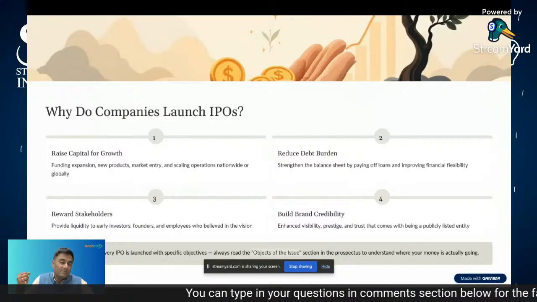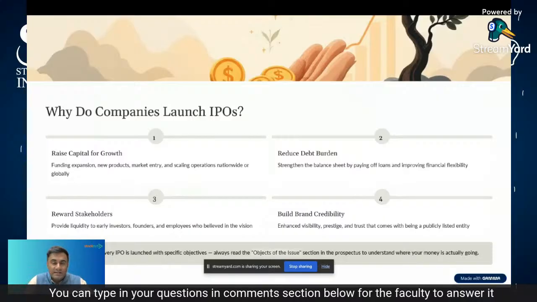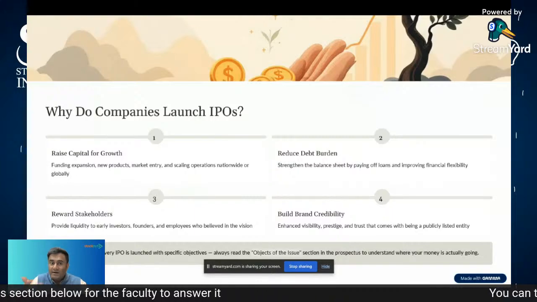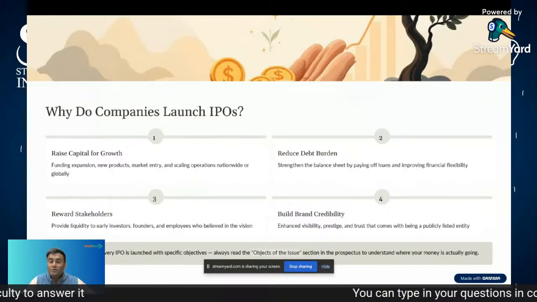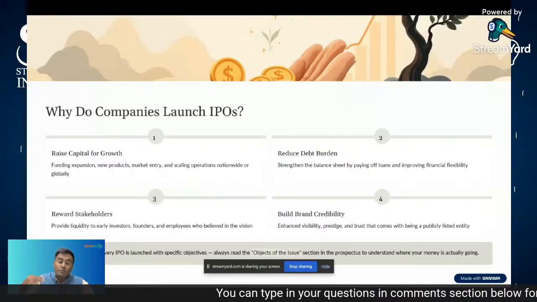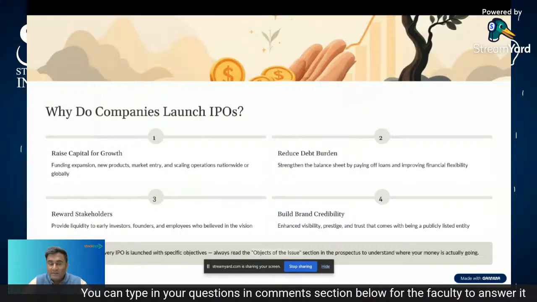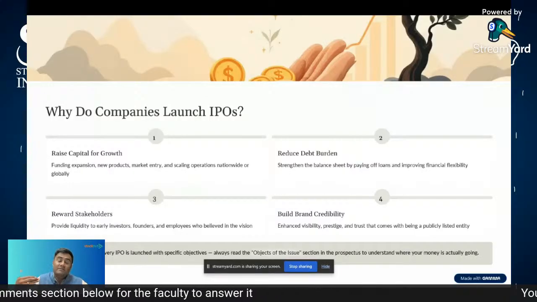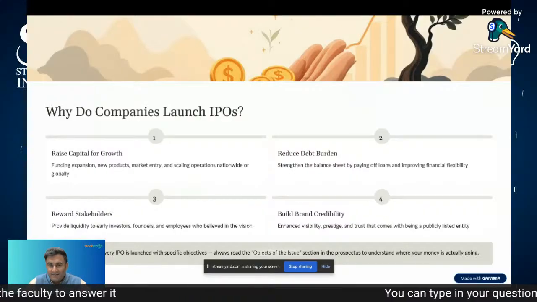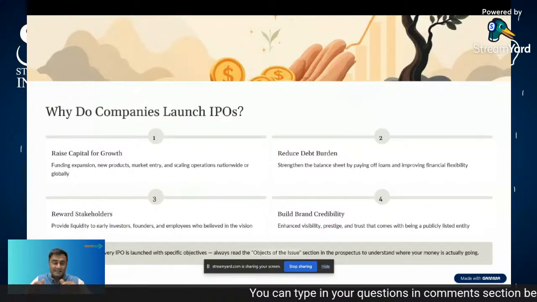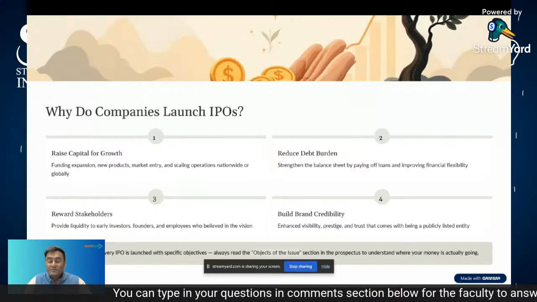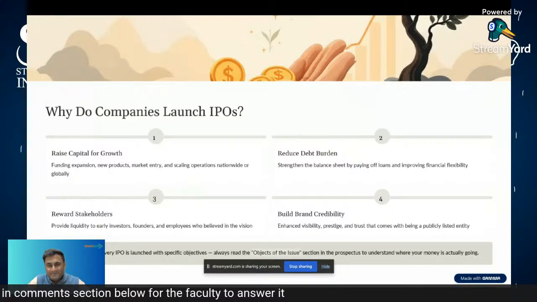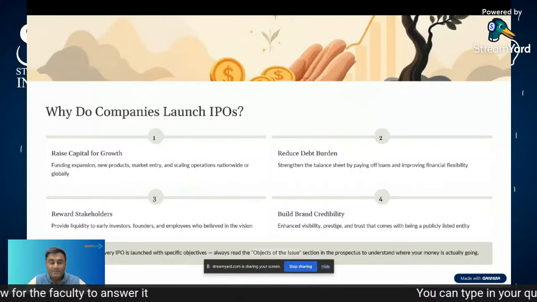If a company comes up with an IPO and in its DRHP it states that they are raising funds for expansion, to set up a new factory, to open new branches, to spend on research on new products, or they are trying to penetrate a new market, a new geography, these are positive signs that whatever money we invest in this company will be used for the growth of the company, for its business expansion. According to me, that's a good sign.